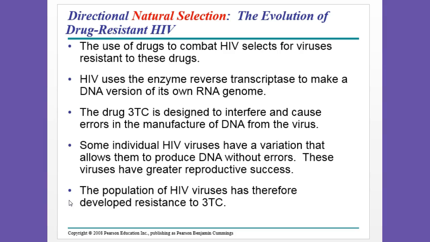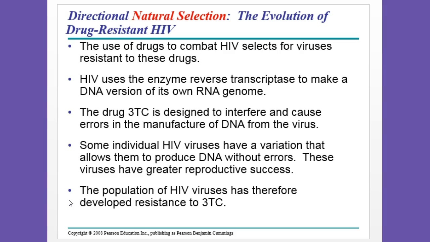Alright, directional natural selection, the evolution of drug-resistant HIV. Alright, the use of drugs to combat HIV selects for viruses resistant to these drugs. The HIV virus uses the enzyme reverse transcriptase to make a DNA version of its own RNA genome.